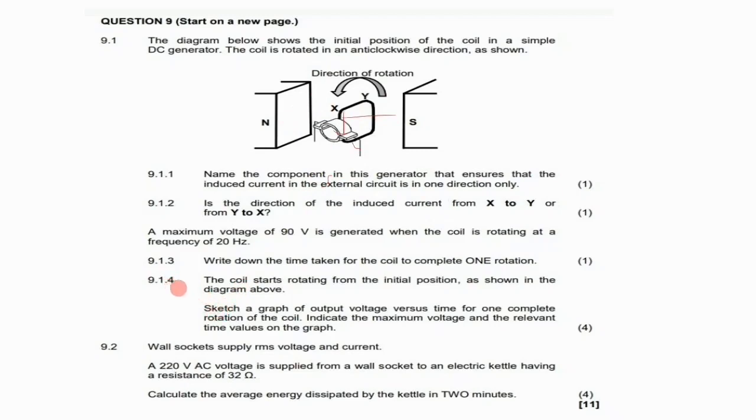So 9.1.4 says sketch a graph of output voltage versus time for one complete rotation of the coil. Indicate the maximum voltage and the relevant time values on the graph. So we are told that we must indicate the maximum voltage and the relevant time values.